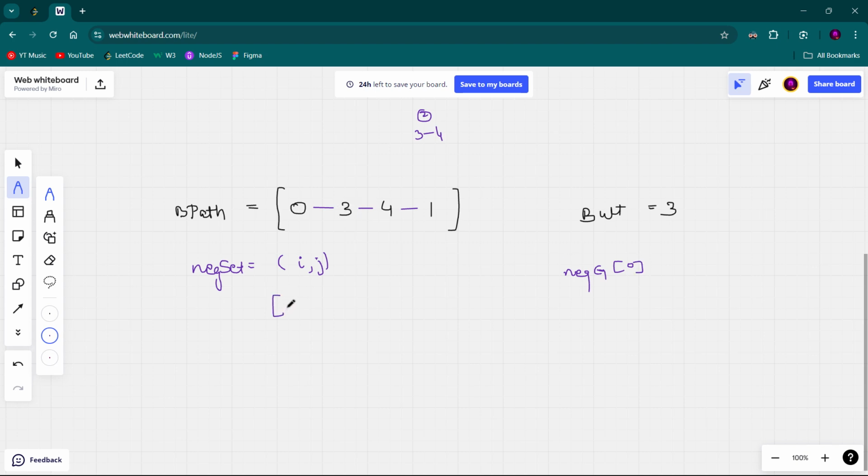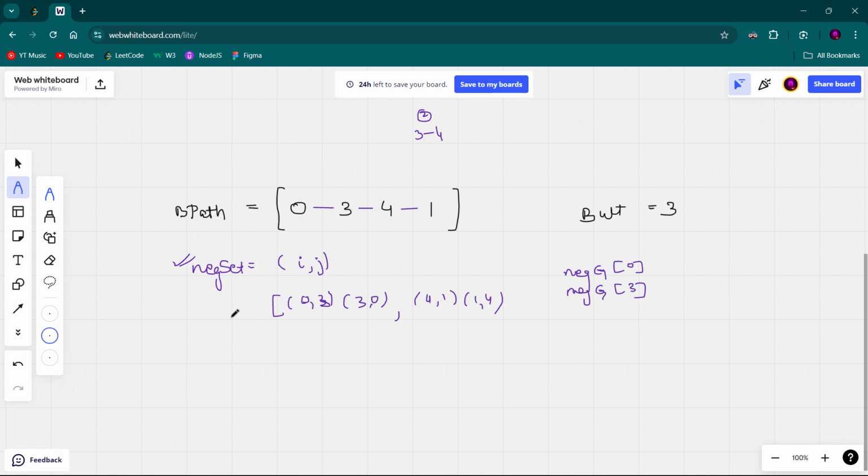So I am going to append 0, 3 and 3, 0 in my negative set. Now I will check 3, 4. Negative graph of 3 has 4? I will say no. So I will not append it to the negative set. Now negative graph of 4 has 1? I will say yes. So I'm going to append 4, 1 and 1, 4. This is the thing. So this will tell all the edges which are negative in my best path.